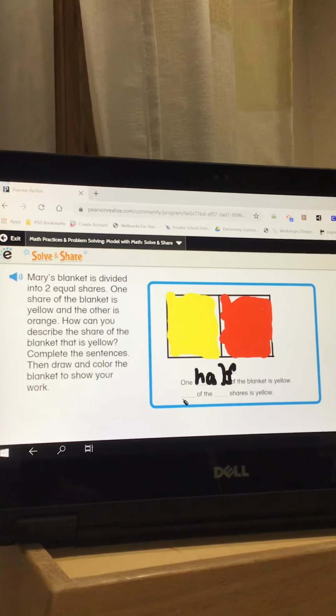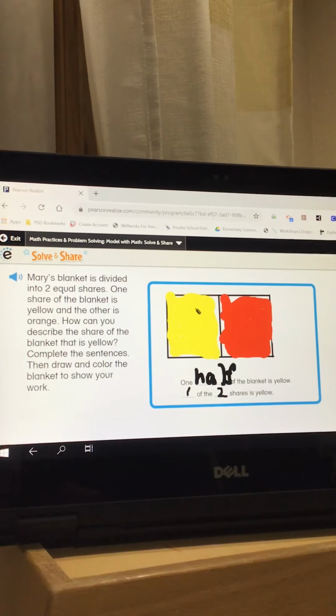Now, blank of the blank shares is yellow. Now, how many shares do I have? 1, 2. So I'm going to fill this one in first, okay, because I know that I have 2 shares. How many of the 2 shares is yellow? 1 of the 2 shares is yellow.